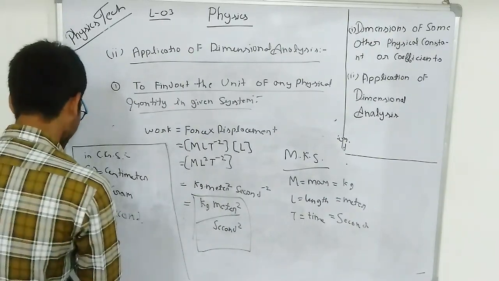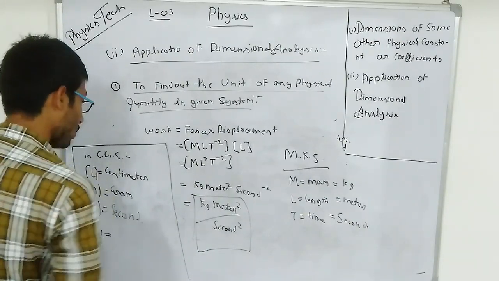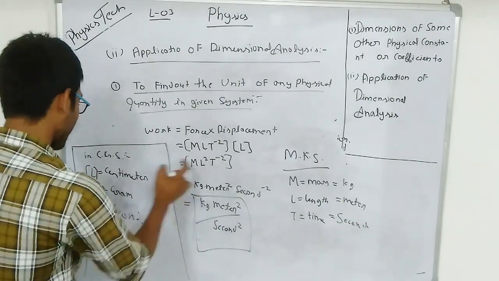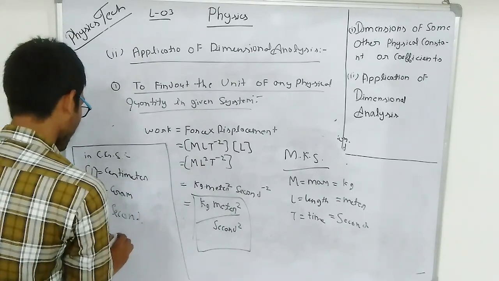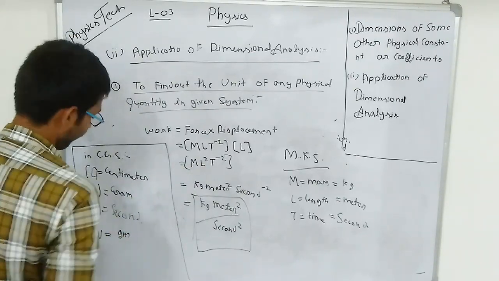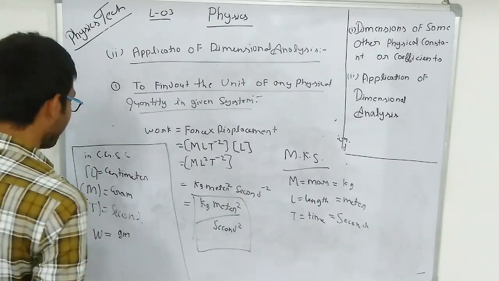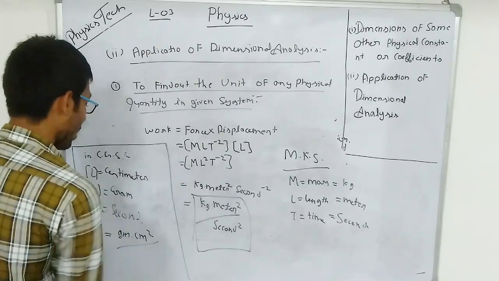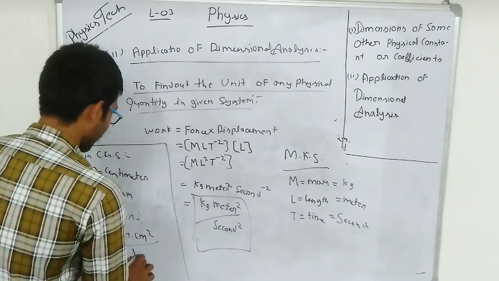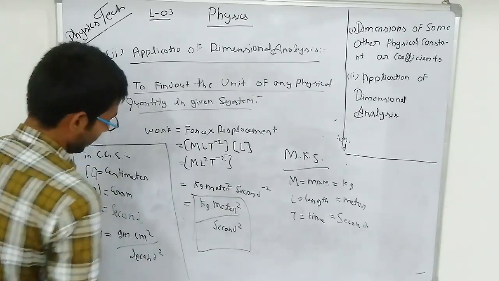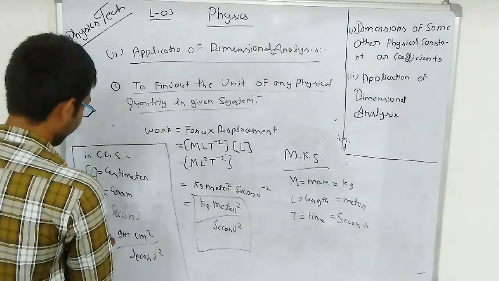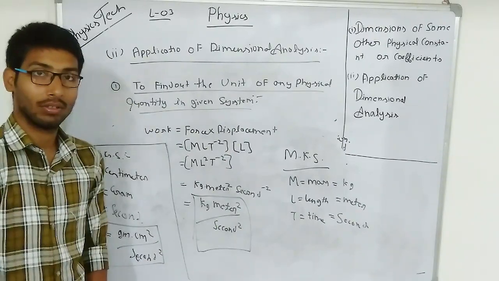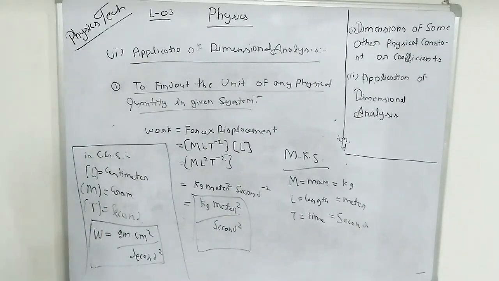So the unit of W is gram centimeter square upon second square, gram centimeter square per second square. So please take a note.